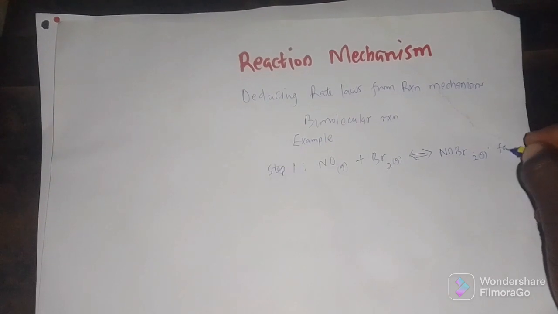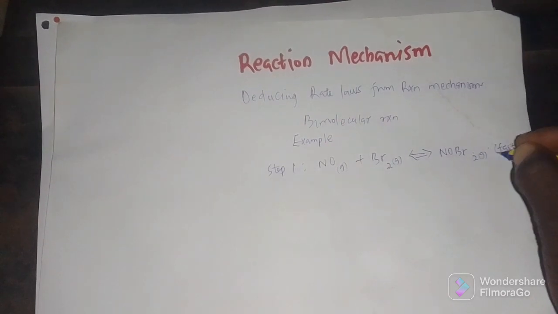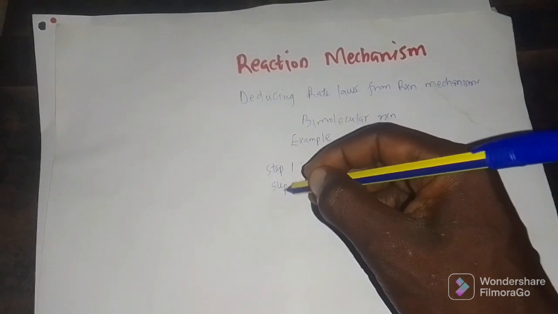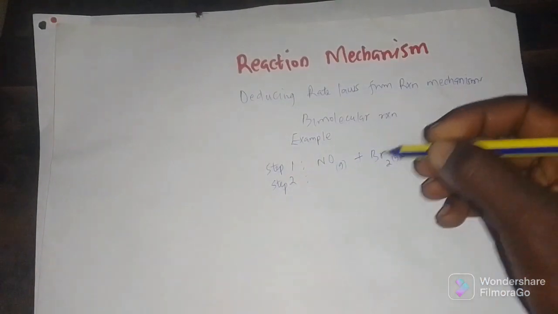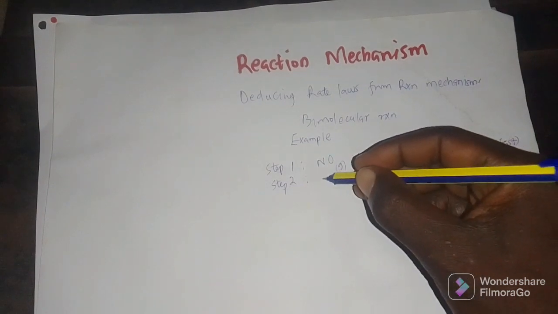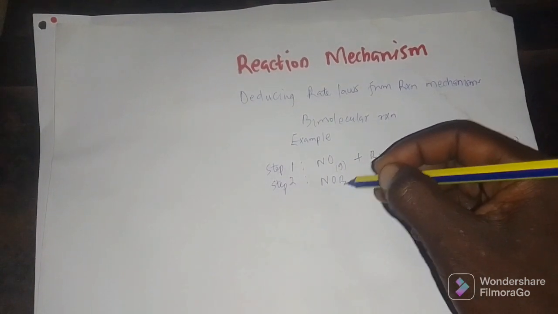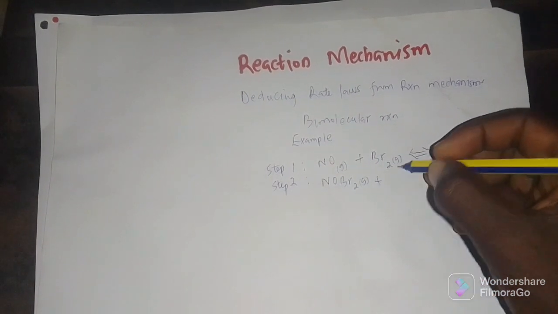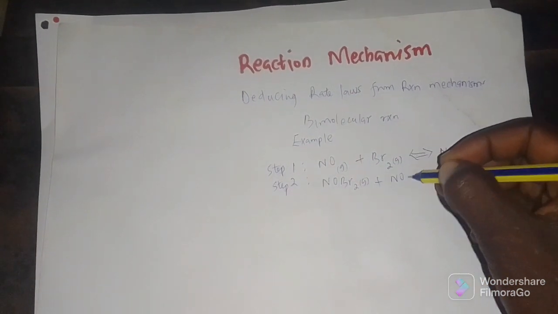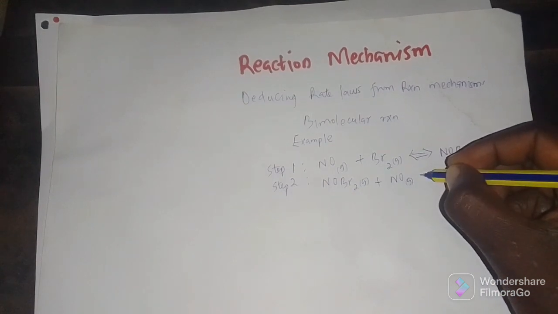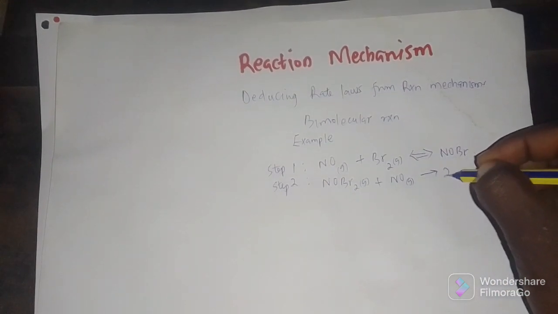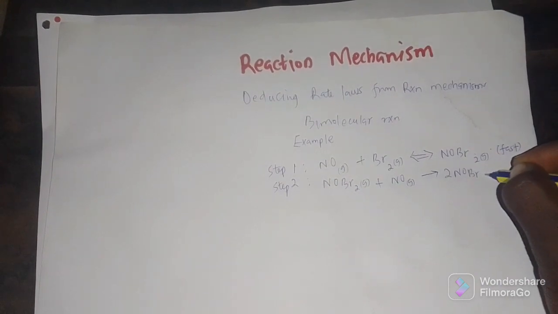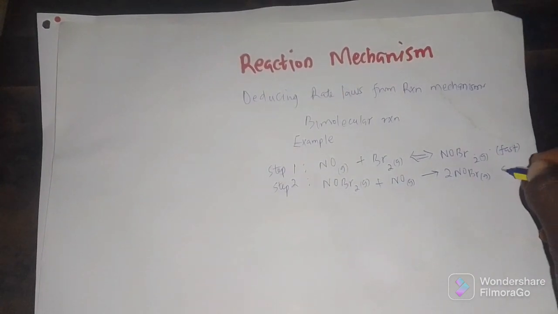This is the first step. In step 2, you are told that the intermediate formed from the first step reacts with nitrogen 2 oxide gas to produce this product. And you are told that this is the slow step.